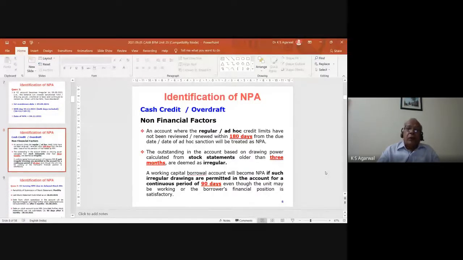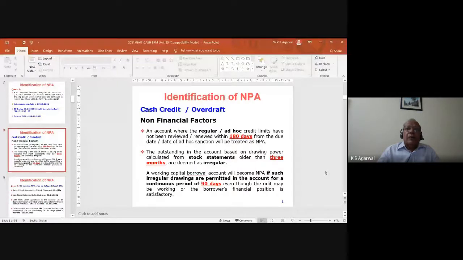In case of ad hoc credit limit, sometimes we accommodate the borrower by giving some additional credit facilities, CC limits, to meet his urgent requirements. So suppose I have sanctioned an ad hoc limit today. Then within 180 days from today, it should be regularized, or it should be merged with my regular limits. And if it is not done, then this account will become NPA.